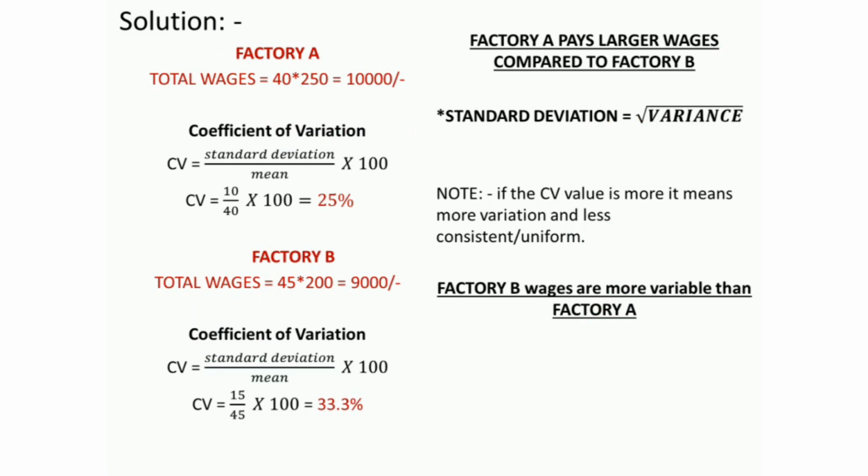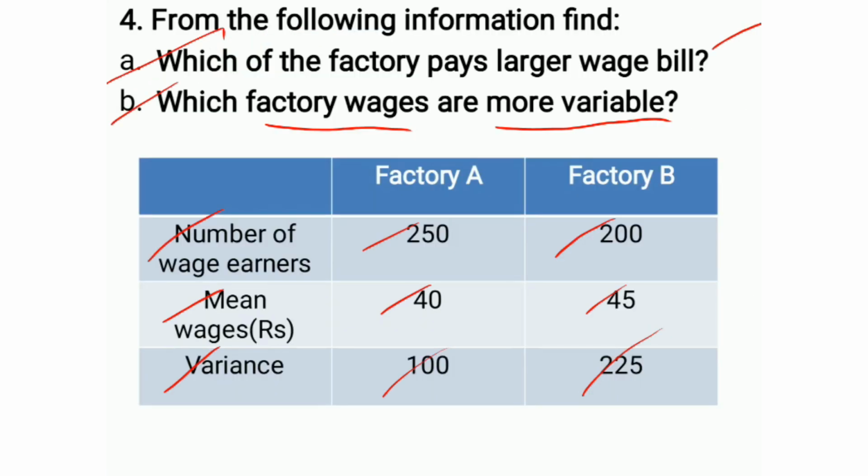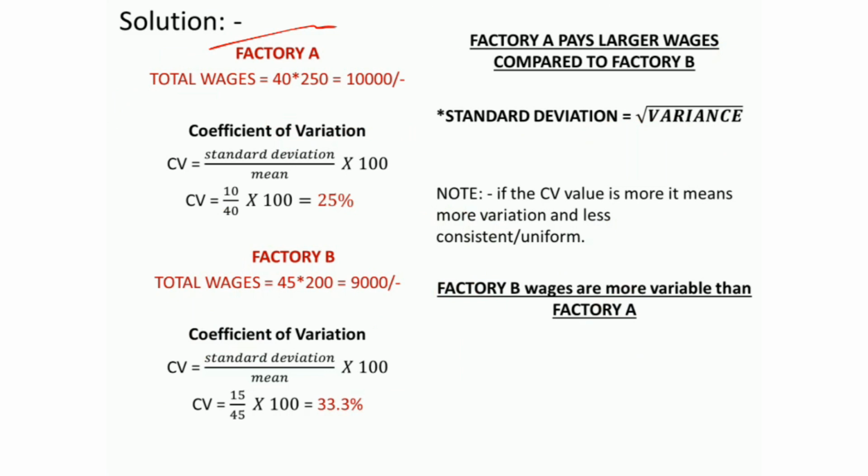Solution: in factory A, the number of employees is 250 and the average salary paid is 40 rupees. So the total wages paid for the employees in factory A is the average wage, 40, into the number of employees, and you will get the total wages, that is 10,000.